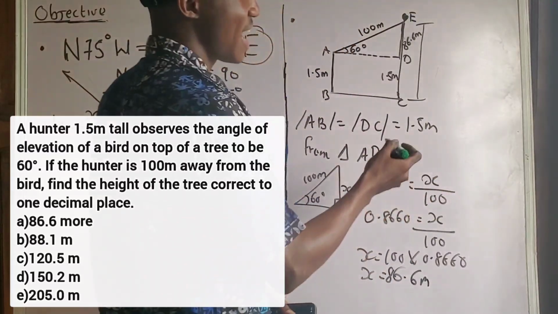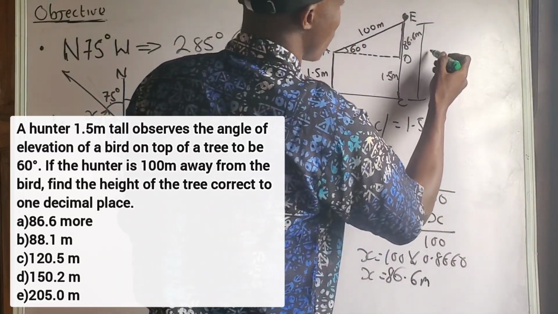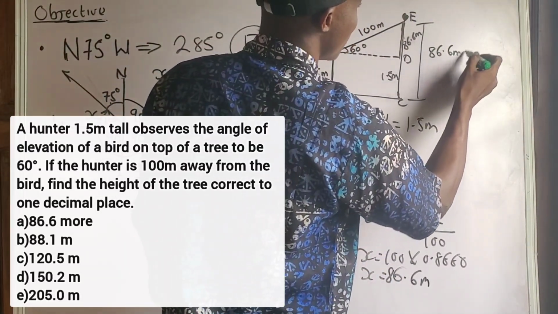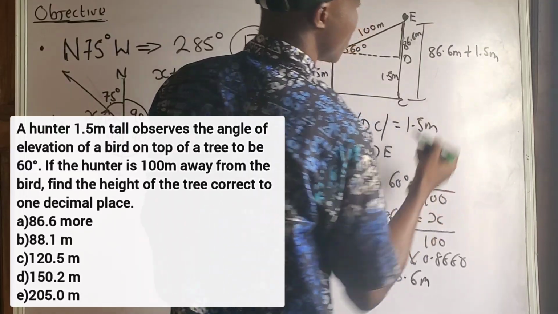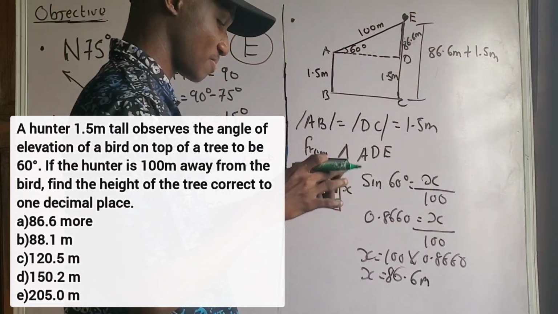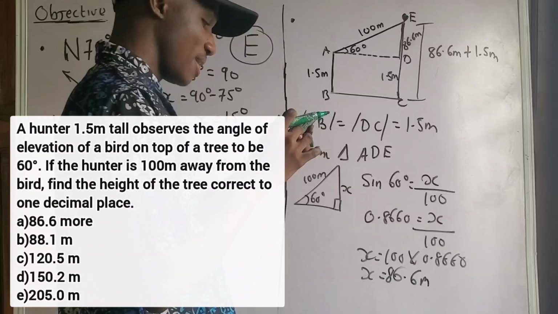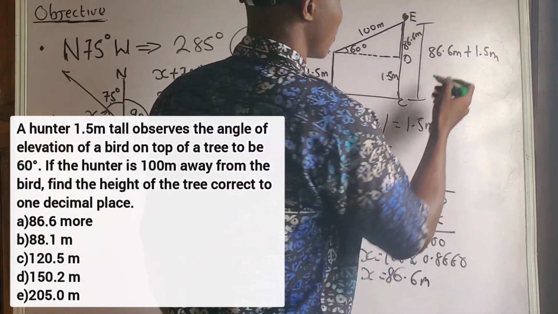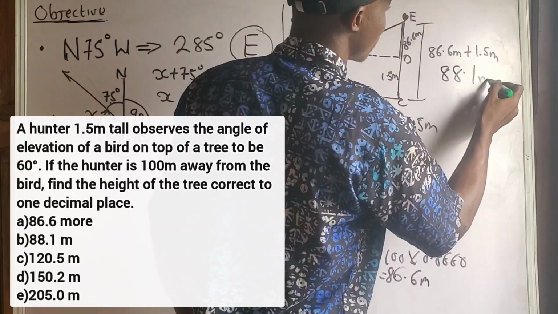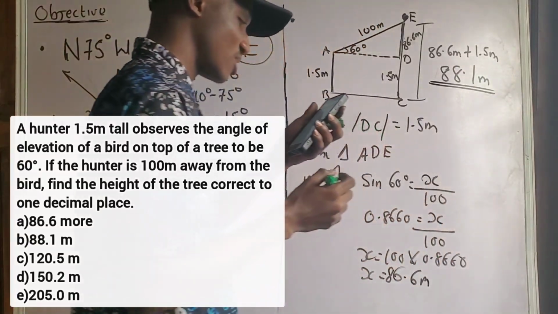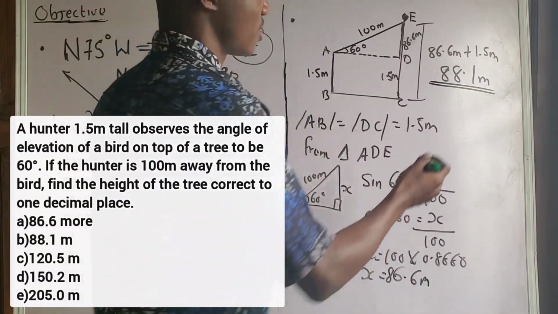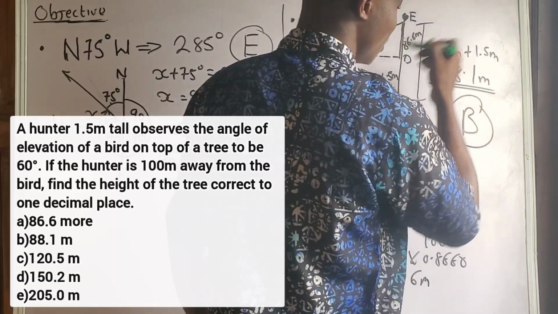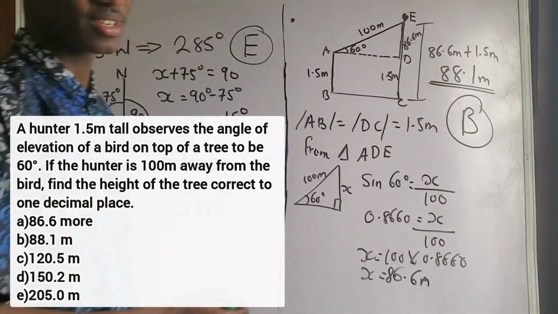The height of the tree will be 86.6 meter plus 1.5 meter, that is 88.1 meter. So the correct answer to this question is option B. Option B is correct. Do you understand?